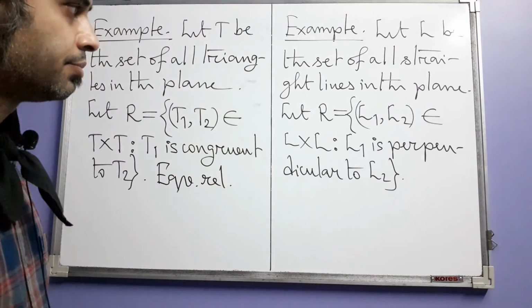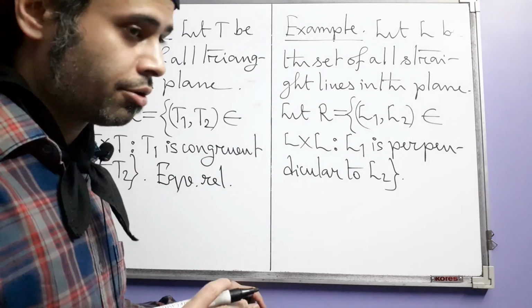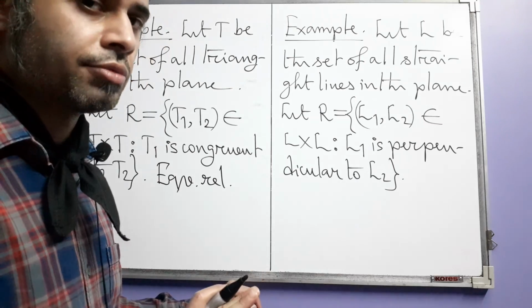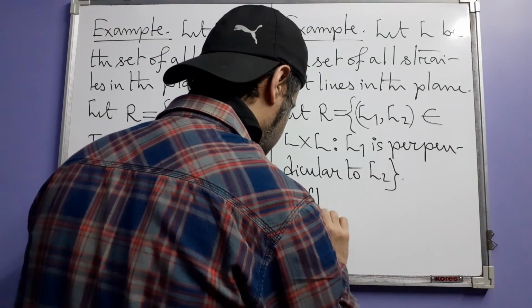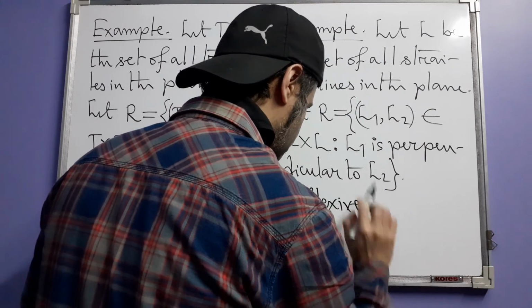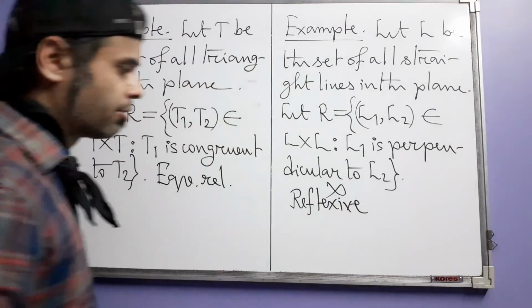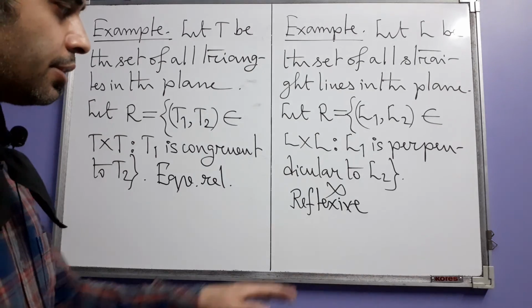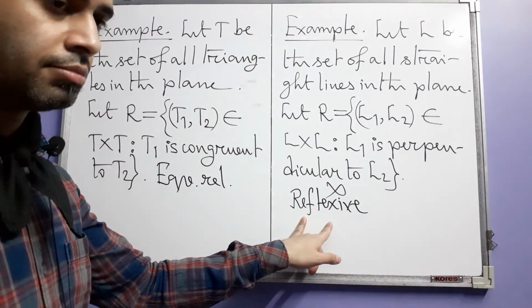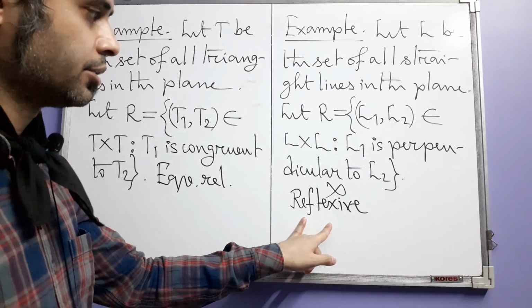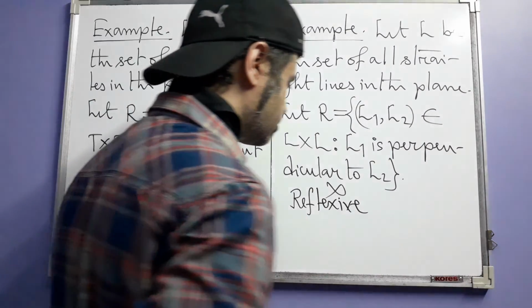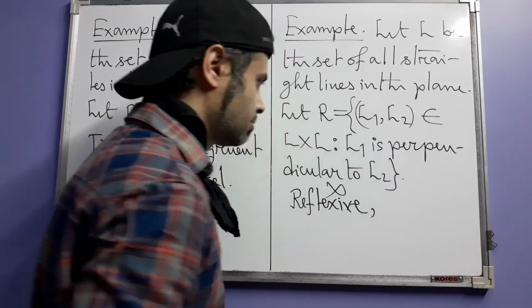And this is true for any line in fact. So the relation is not reflexive. That alone will tell you that the relation automatically is also not an equivalence relation. But let us see the other two conditions also.